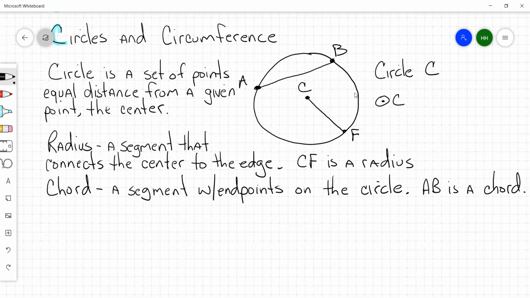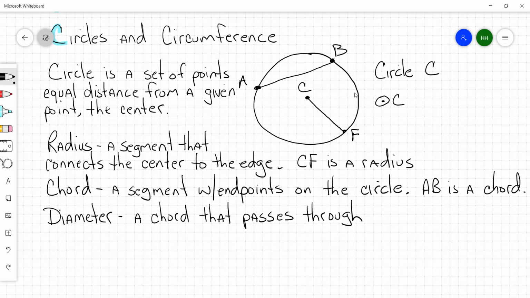All right, and then finally we've got a diameter. Diameter, that's a chord that passes through the center. A chord that passes through the center.